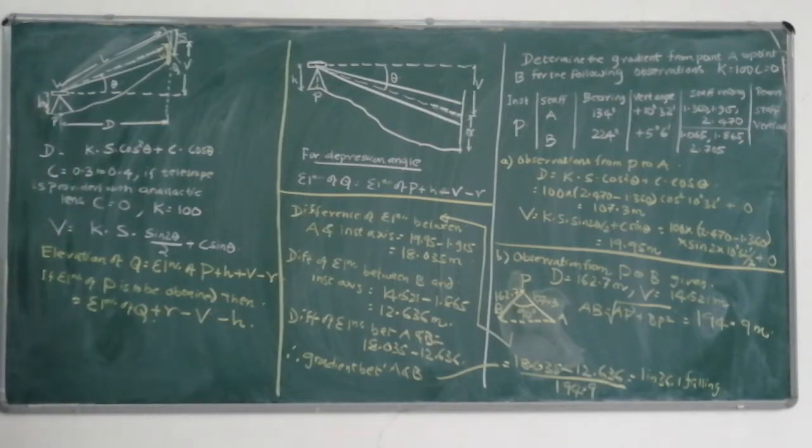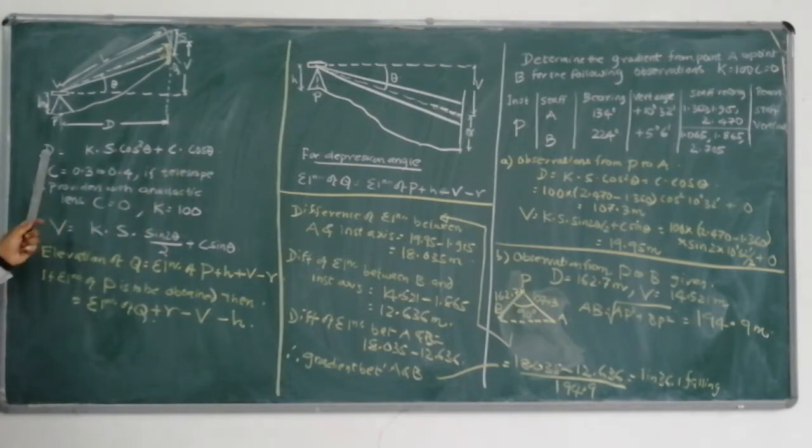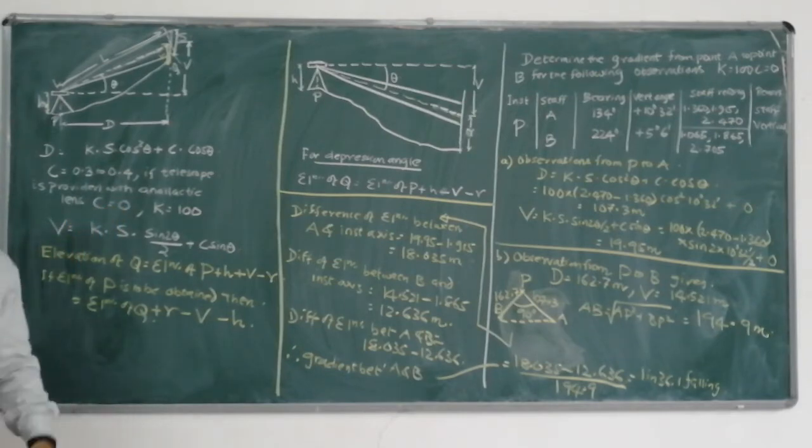Once you have seen this nomenclature, we can obtain the equation in which capital D is equal to K S cos square theta plus C cos theta. This is the formula that we have to derive. This derivation is a very simple derivation, and C here is the additive constant. The value of C you can take as 0.3 to 0.4.